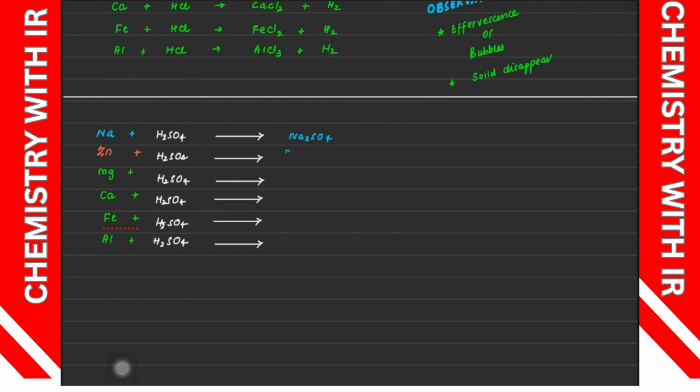It would be forming zinc sulfate, magnesium sulfate, calcium sulfate, iron sulfate, and aluminium sulfate. And of course, the hydrogen gas would be released.